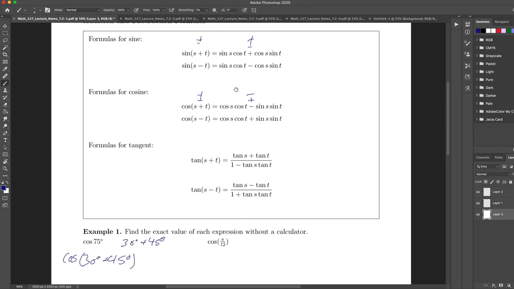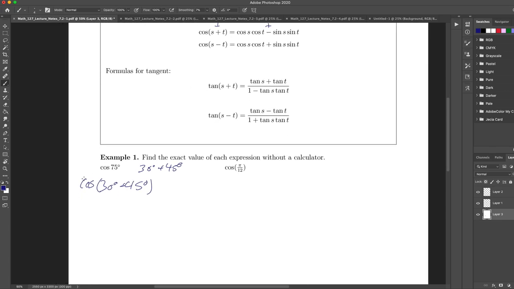Then we're going to go ahead and use this formula right here. So I'll leave that on the screen. So we'll have cosine of 30 degrees cosine of 45 degrees plus, oh sorry, cosine's the opposite, so minus sine of 30 degrees sine of 45 degrees.